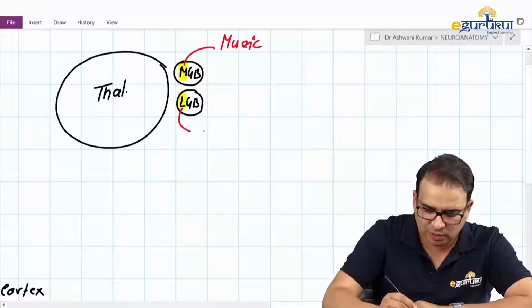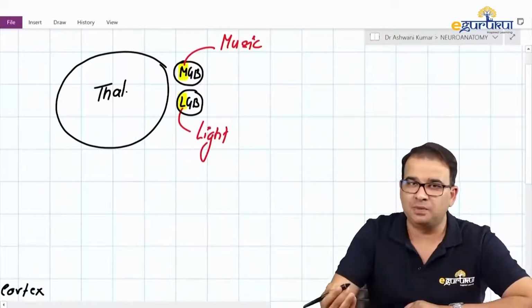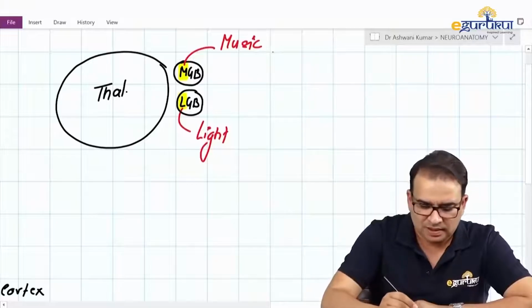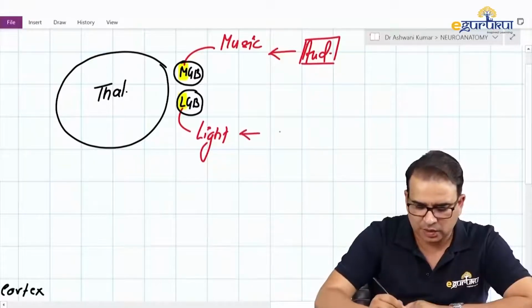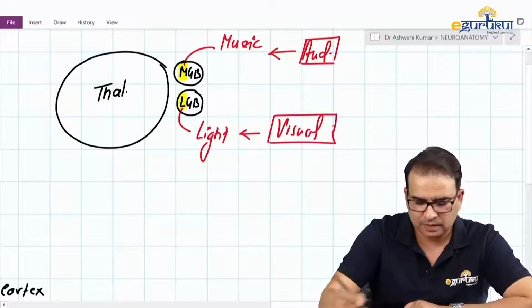L for lateral geniculate body, and L will remind you of light. Light and music. So it's quite clear that the medial geniculate body is related to the auditory pathway. Music will remind you of the auditory pathway, and light will remind you of the visual pathway.